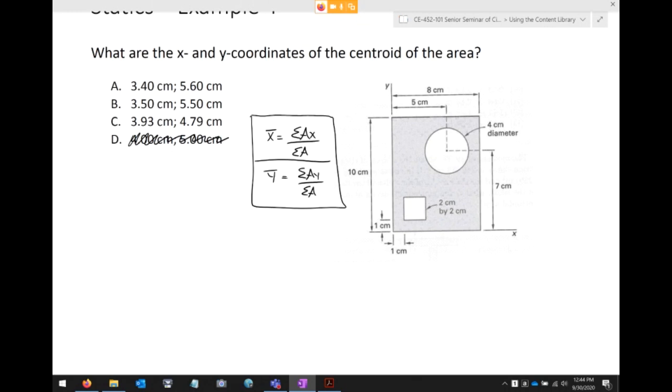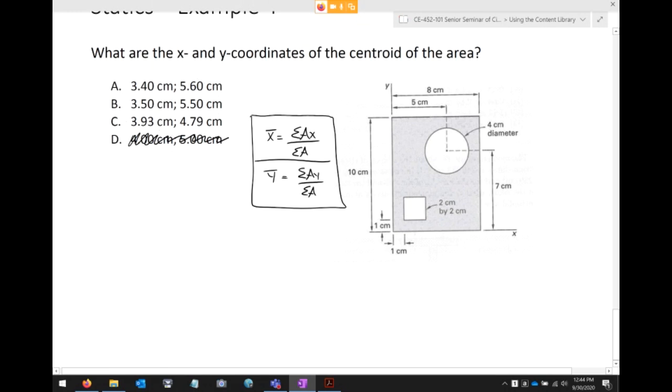In order to determine the centroid, we need a point, x comma y, x bar comma y bar. Okay, but here's the thing: none of these x bars match. None of them are common. So from a test-taking strategy perspective, why do both? Why not just do the x bar?